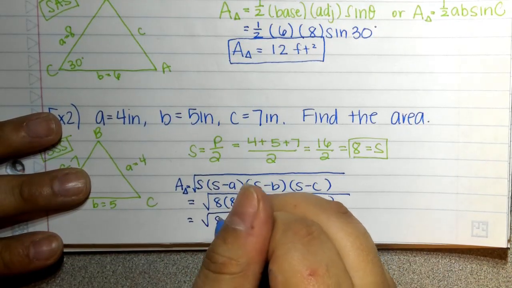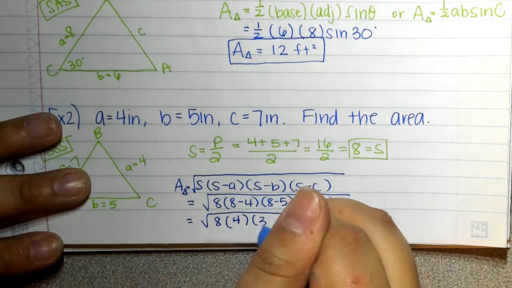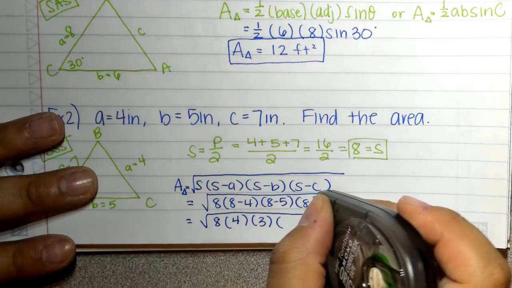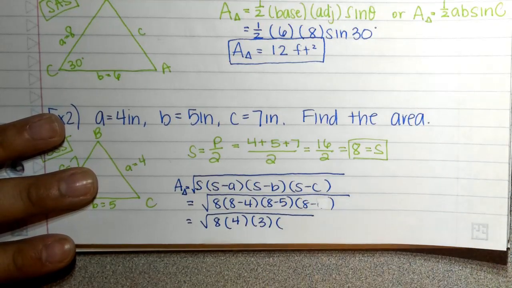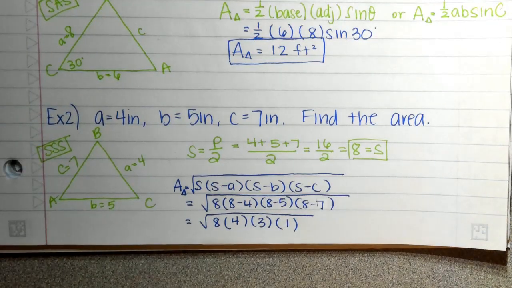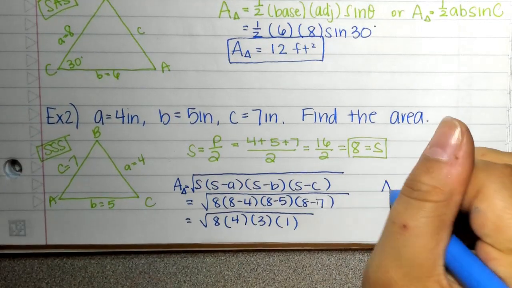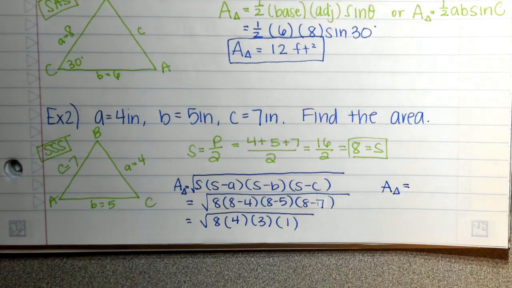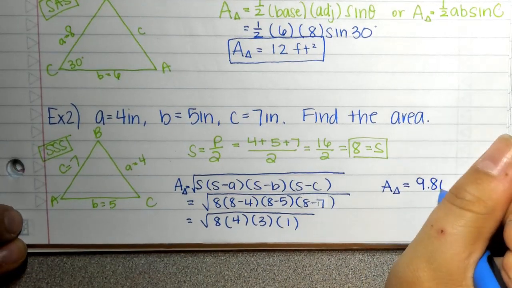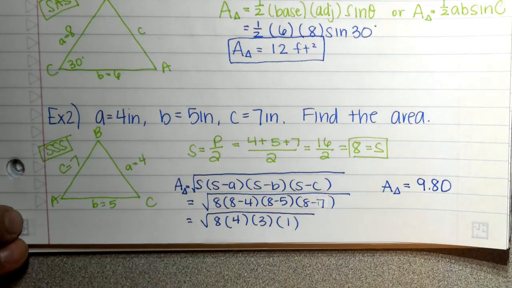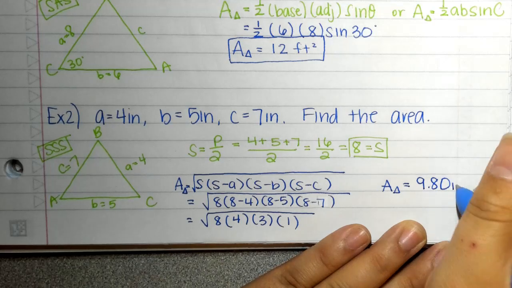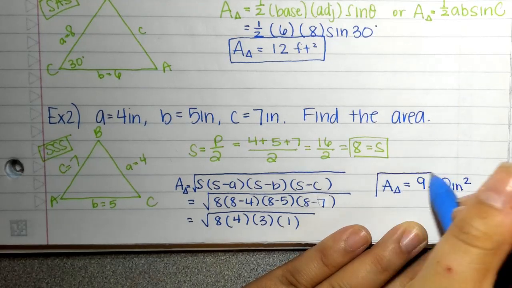I don't know where I wrote 6 from. As soon as I saw that, I knew it was a mistake. But you don't need to do all that. You can just go ahead, put it in your calculator. And what is the area of this triangle? Go to the hundredths place. Inches squared. And that's it.